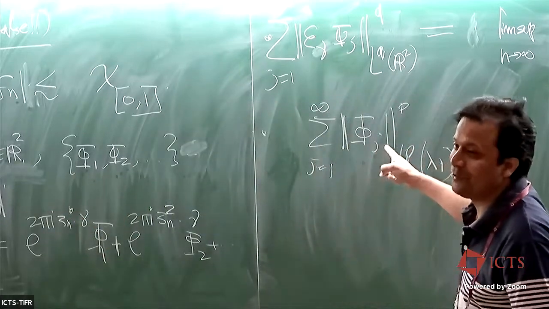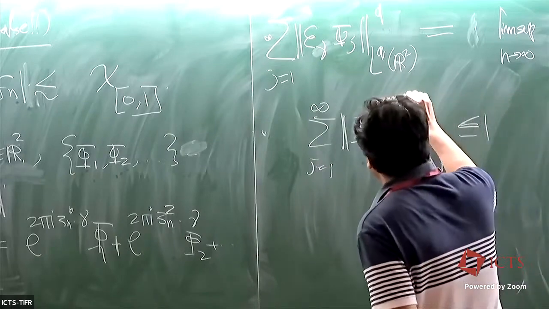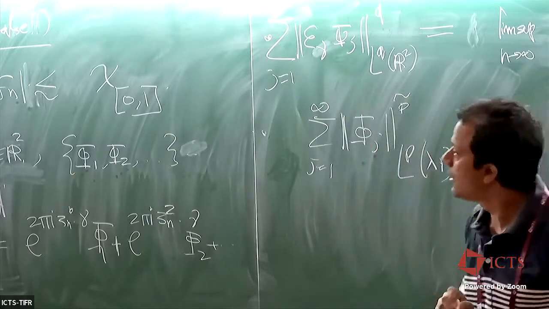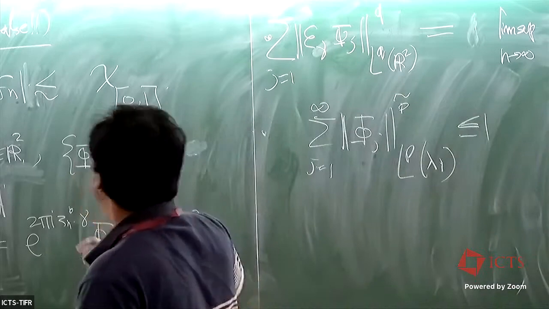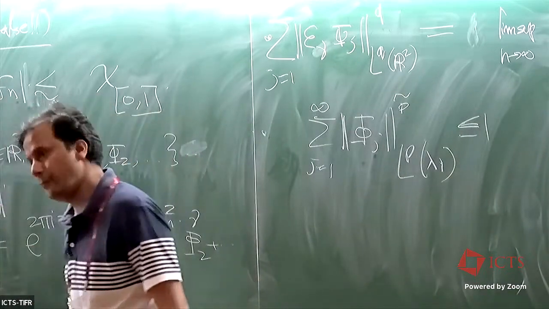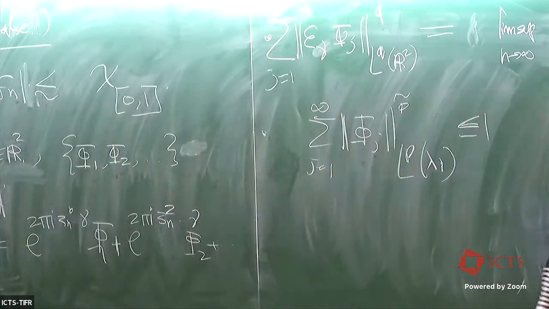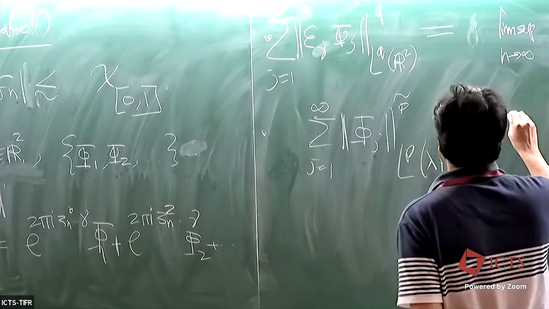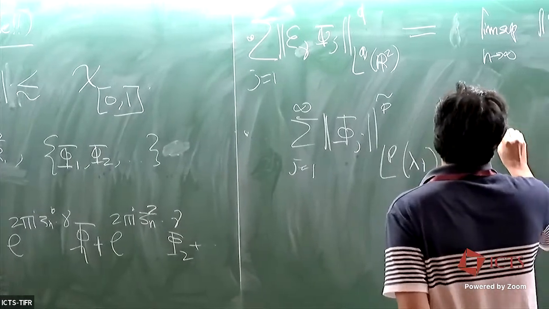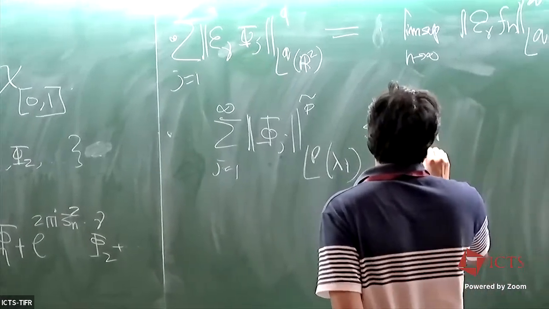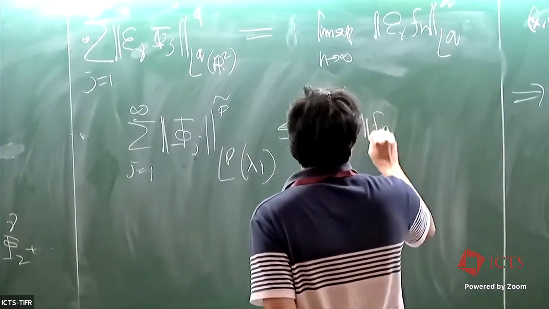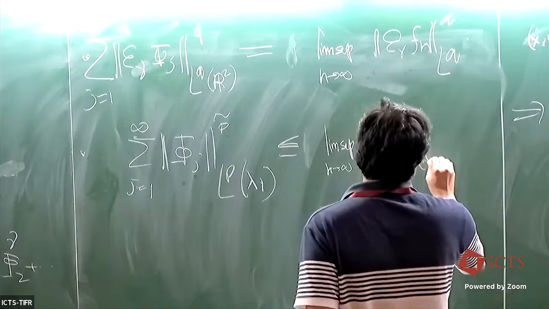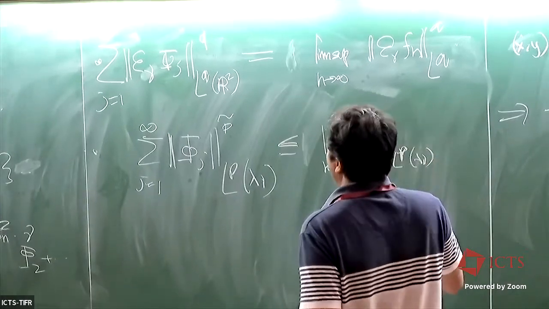Yes, so they will not have disjoint support, but it turns out that just a little bit. This is valid for any sequence. So that's what I wrote: lim sup as n goes to infinity of the norm of Fn in L^p(lambda, gamma).